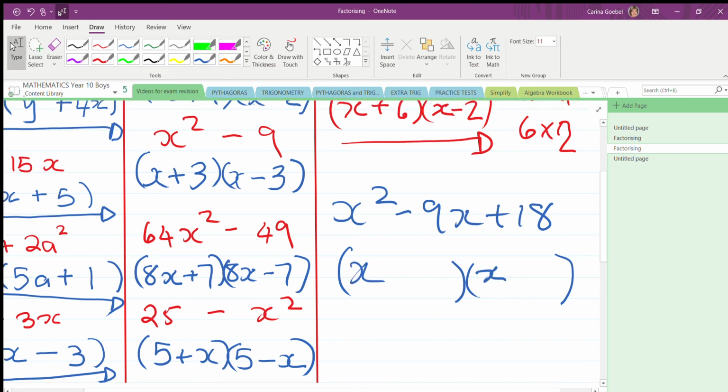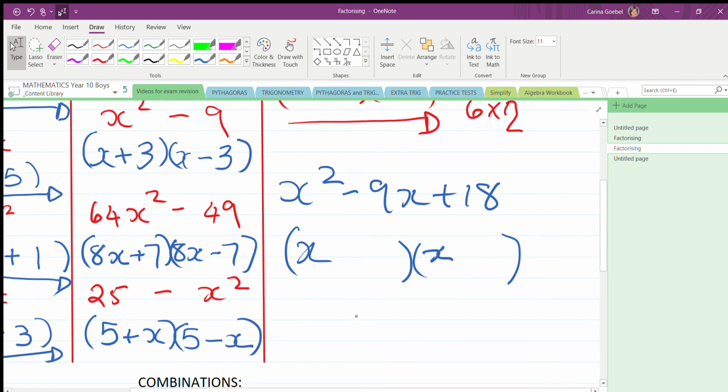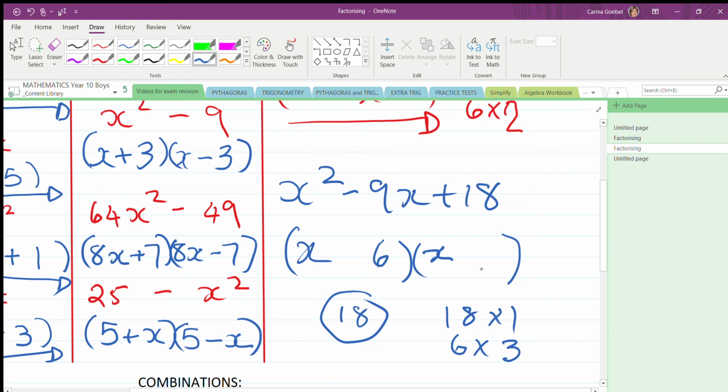You want to find the factors of 18 that added together give you 9. So that would be 6 times 3. So 6 times 3 gives you 18, and 6 plus 3 makes 9. So you have your 6 and your 3 in there. Then decide your sign. That's minus 9. So we would have to go minus 6, minus 3. We add them, that gives us minus 9. And minus 6 times minus 3 gives you your positive 18.